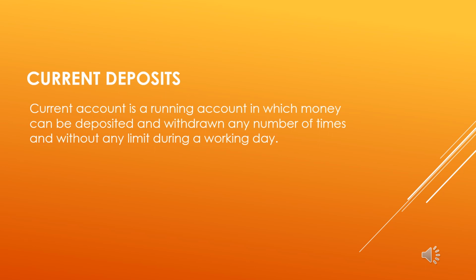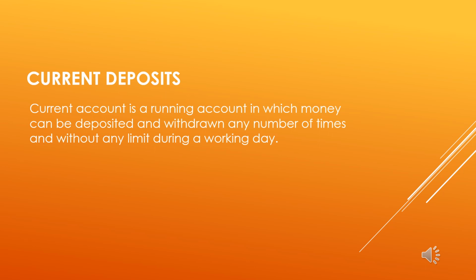Generally, no interest is given to current account holders. This is because the banker cannot profitably employ the funds in the current account as they are always demanded by the depositor. A current account carries certain privileges which are not given to a savings account. One is that checks, drafts and bills etc. drawn in favor of third parties are accepted for collection provided they are properly endorsed. Second one, overdraft facilities.